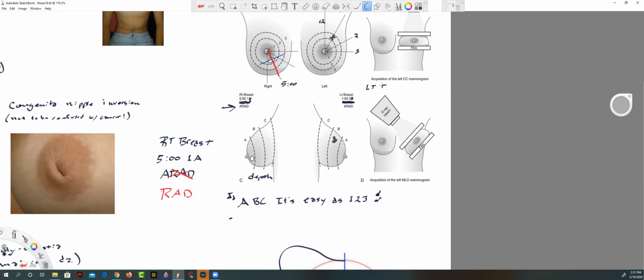Left breast, 1 o'clock, 2, damn it. Got in the habit of doing 1 o'clock. 2 o'clock, because it's, yeah, it's time to pretty much finish this section and then go take a nap, right?